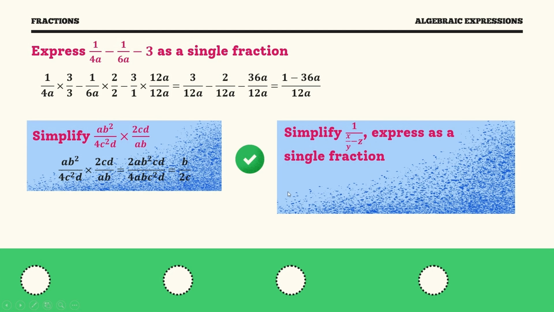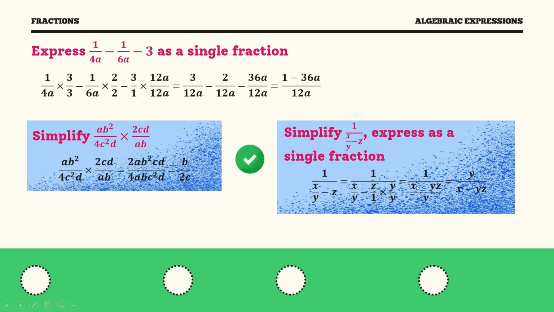So in fraction subtraction, we need to make the denominators the same. So we have to times z over 1 with y over y. So in the lower side, we've got x minus yz over y.